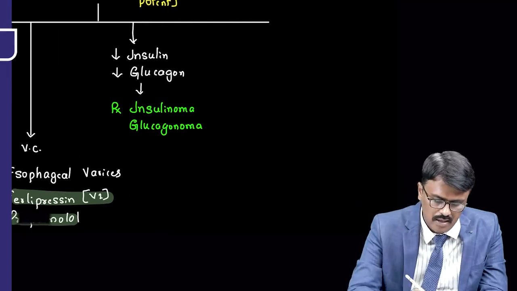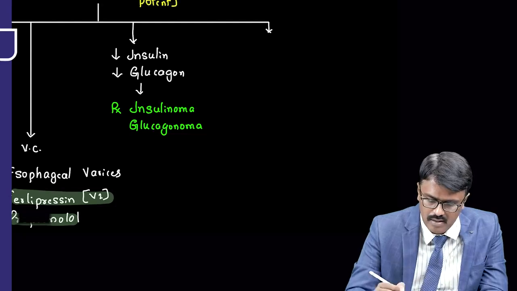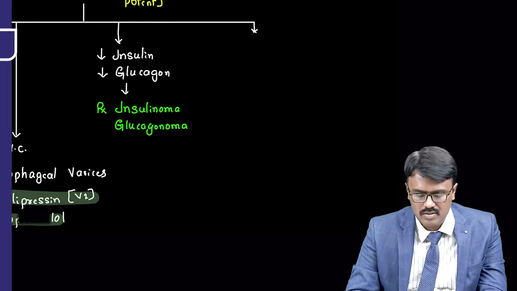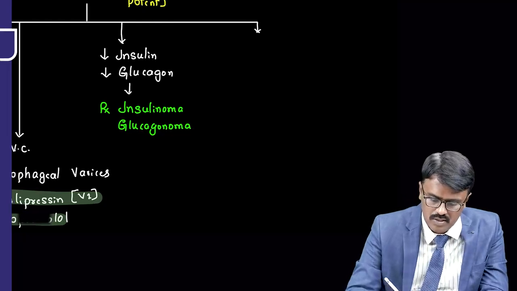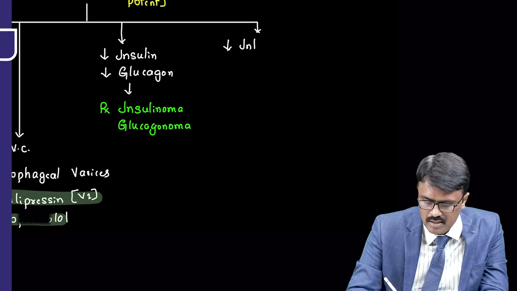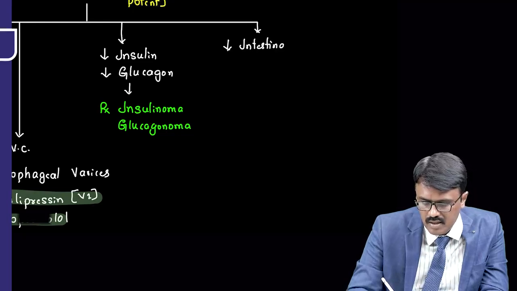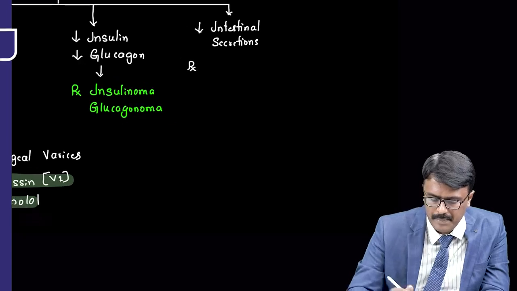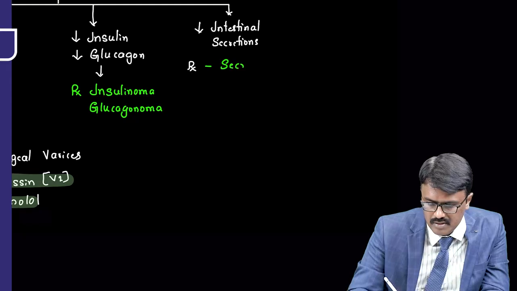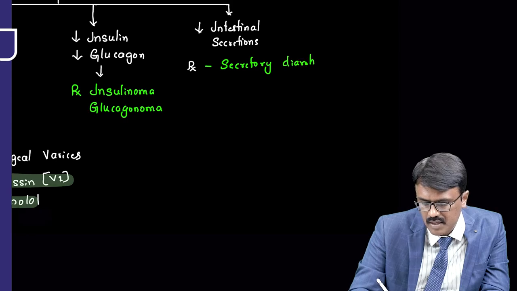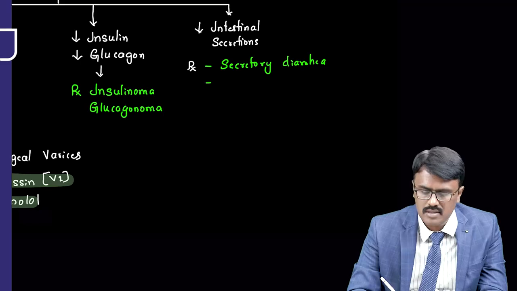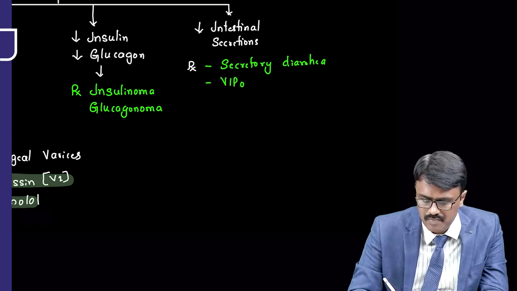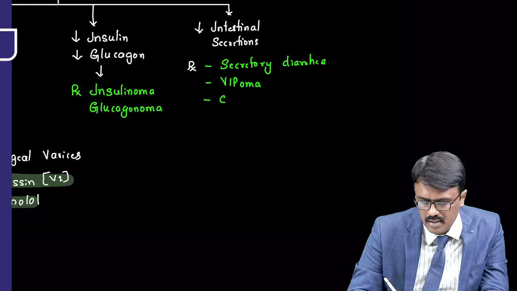Right. Now, moving on to another important use of octreotide. Octreotide is used because it decreases intestinal secretions. It is known to decrease intestinal secretions, and that's the reason it is used to treat mainly secretory diarrheas. Also we see diarrhea in certain conditions like VIPoma and carcinoid syndrome.